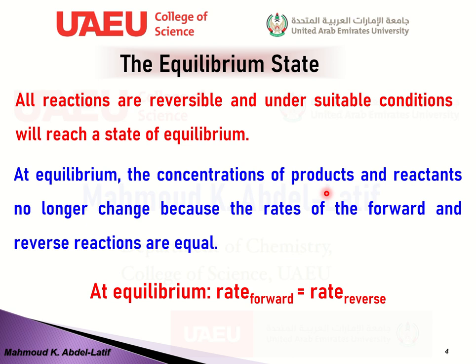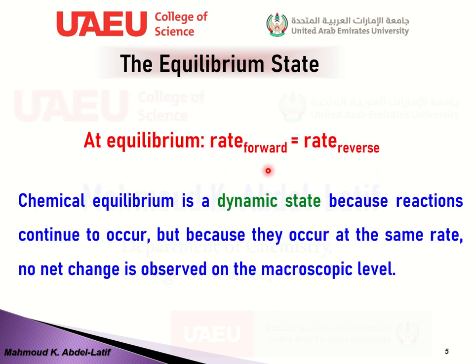In reality, no, the reaction keeps going back and forth, but with equal rates. So the concentrations of the reactants and the products are still without change. At equilibrium, the rate of the forward reaction equals the rate of the backward reaction.